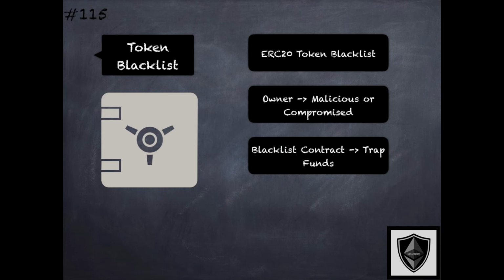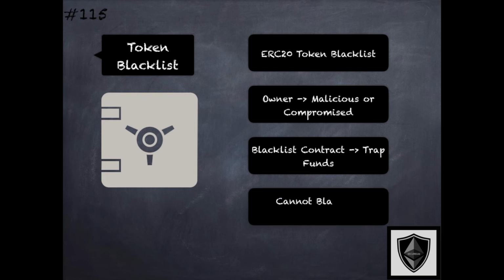And in such scenarios where a token contract has this notion of a blacklist, then because of such malicious or compromised owners, the users' funds could get trapped if their addresses are blacklisted. So the best practice is again to be aware of this risk and check and verify contracts to make sure that they do not have this notion of a blacklist, and if they do, be aware of what can go wrong.